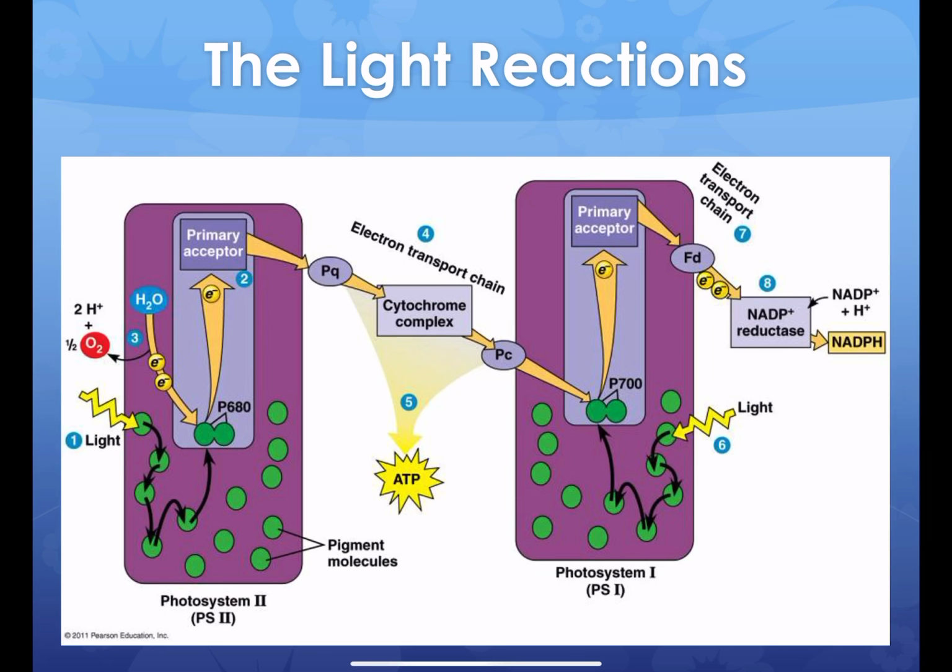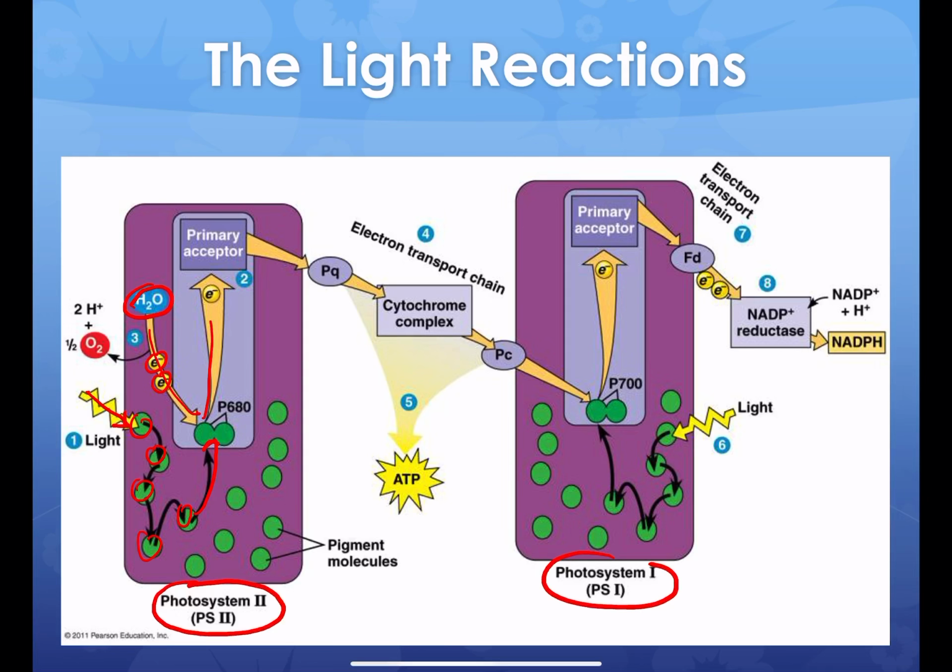So we have both of our photosystems here, photosystem 2 and photosystem 1. Both of them have electrons, water has been split, giving us excited electrons. The light is also going to excite the chlorophyll molecules, and they're going to pass these electrons.